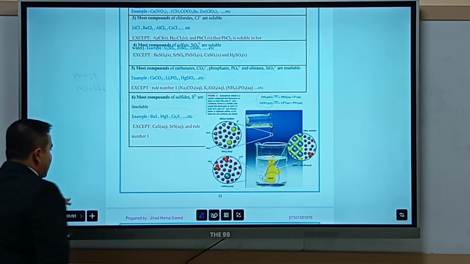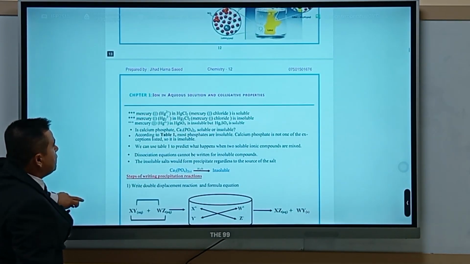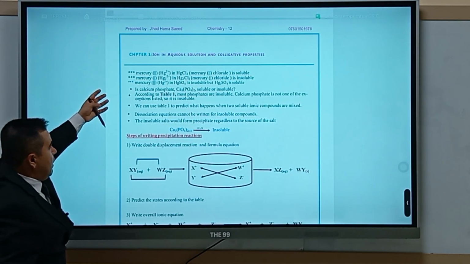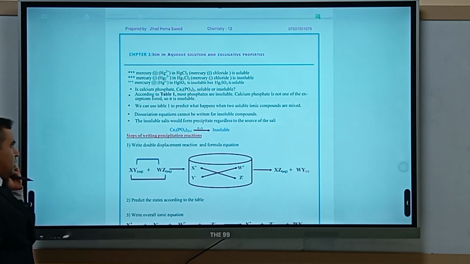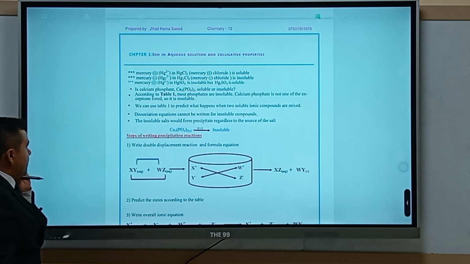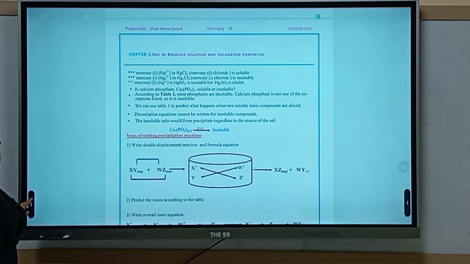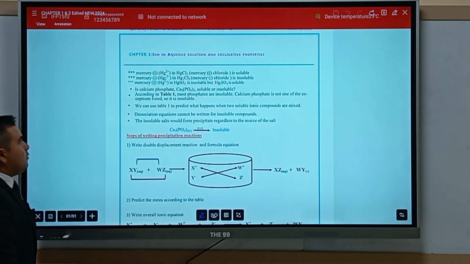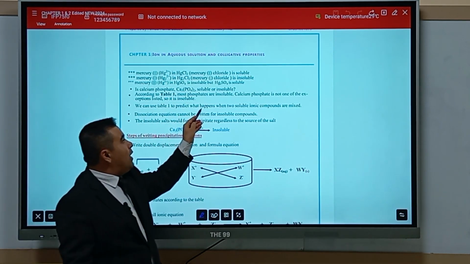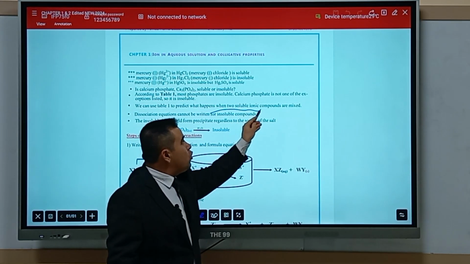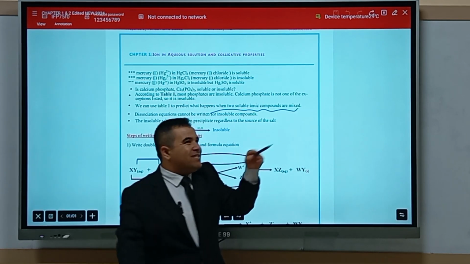That's all about the guideline, the table of solubility. I mentioned here mercury 1 and mercury 2, and we talked about this in detail. What's the benefit of table 1, guys? We can use table 1 to predict what happens when two soluble ionic compounds are mixed.